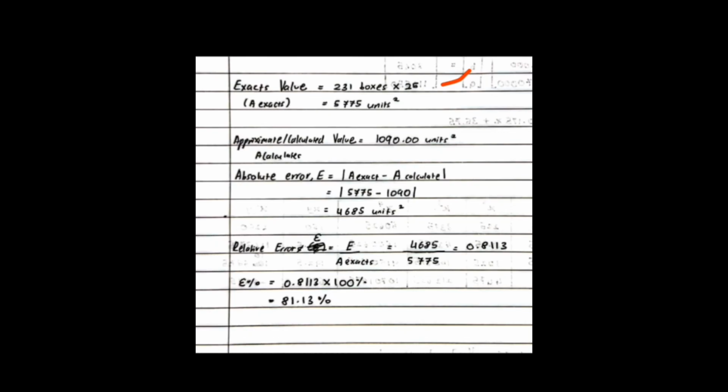Then we calculate the absolute error, which is the exact value minus the calculated value, giving us 4,385 units squared. The relative error is 0.8113, and the percent relative error is 81.13%.